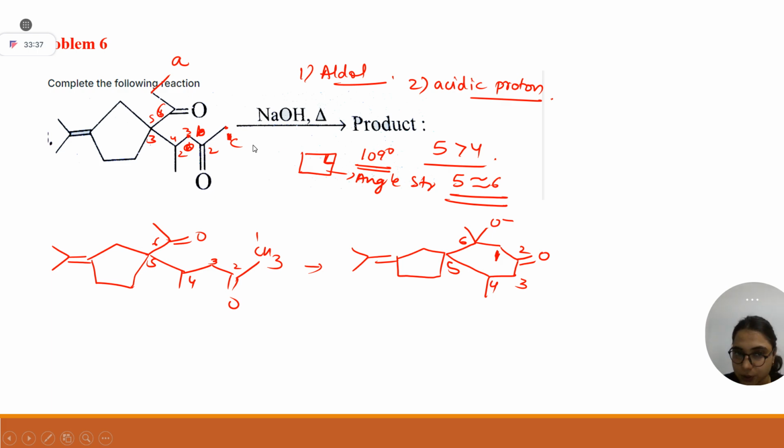So cut this option. Another option is that base abstracts proton from this terminal carbon. Here you will get carbanion, 1, 2, 3, 4, 5, 6. This carbanion is going to attack your carbonyl. Is the mechanism clear? Clear or not?